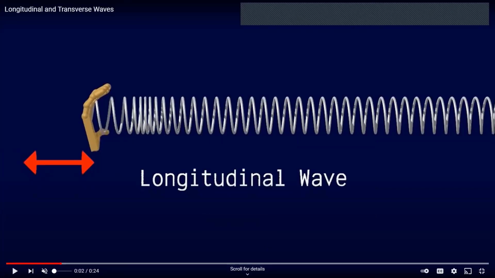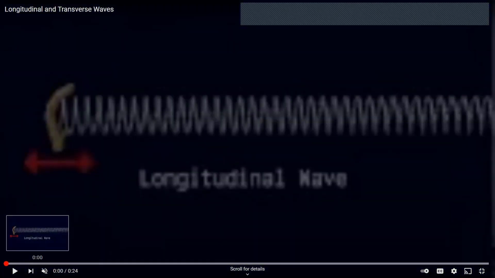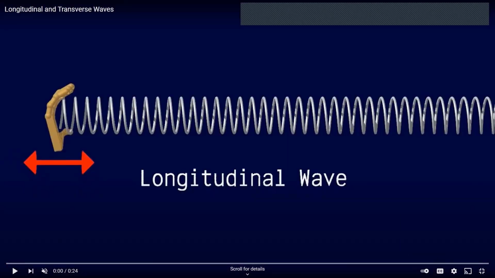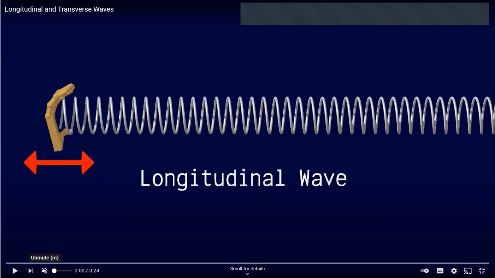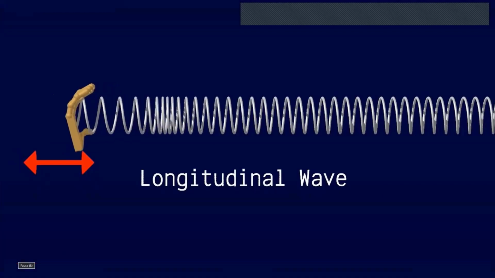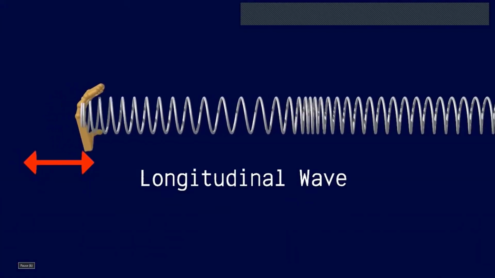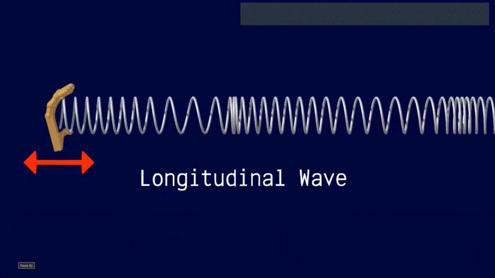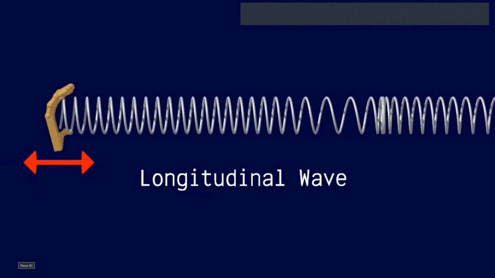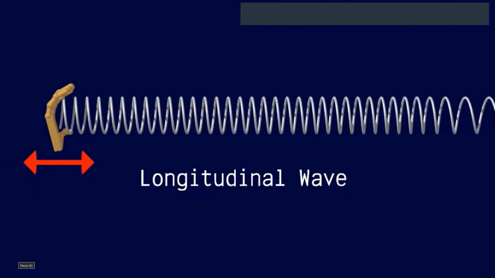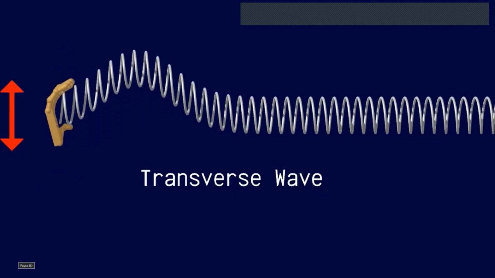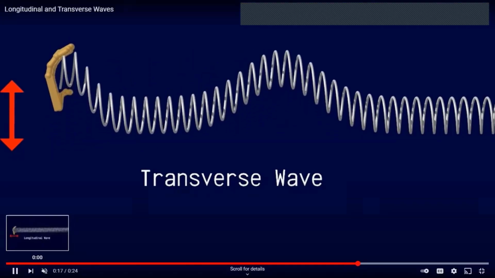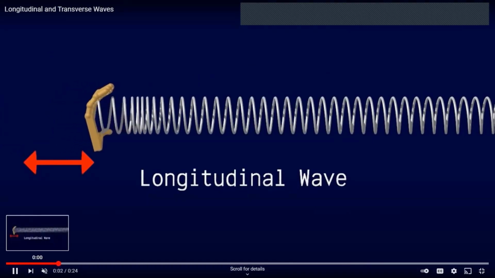This is a longitudinal wave, and a sound wave, for example, is a longitudinal wave. Ready, set, go. It's like a slinky. You take a slinky and you do that to the slinky, and this is called a longitudinal wave because the slinky is oscillating in the direction of the wave propagation.